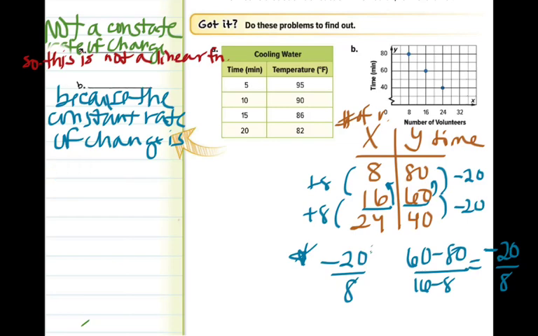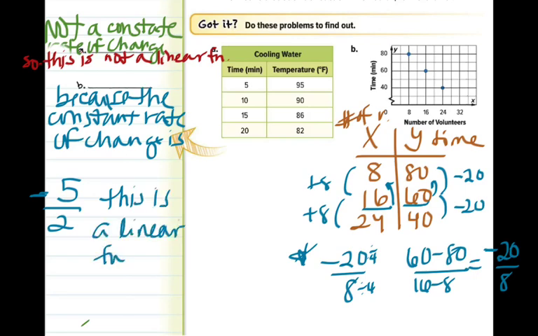If I divide each of these by 4, I get negative 5 over 2. There we go. So because the constant rate of change is negative 5 over 2, this is a linear function. So again, if you can come up with a constant rate of change, that means a pattern in the x's and a pattern in the y's, then it is a linear function.